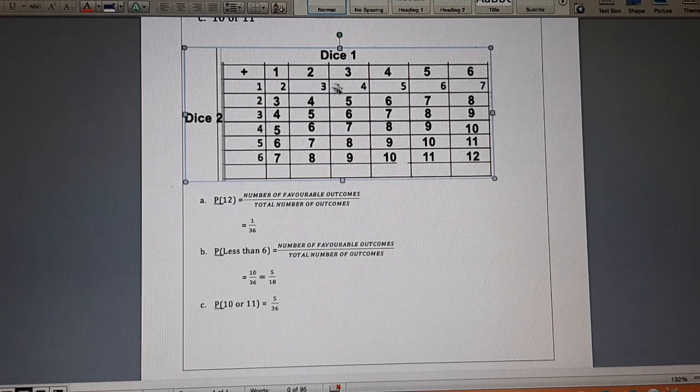These are the results of addition of the scores of the 2 dice. If dice 1 has 4 at the top and dice 2 still has 1, then 1 plus 4 will give you 5. If dice 1 has 5, then 1 plus 5 will give you 6. Similarly, 1 plus 6 is 7.